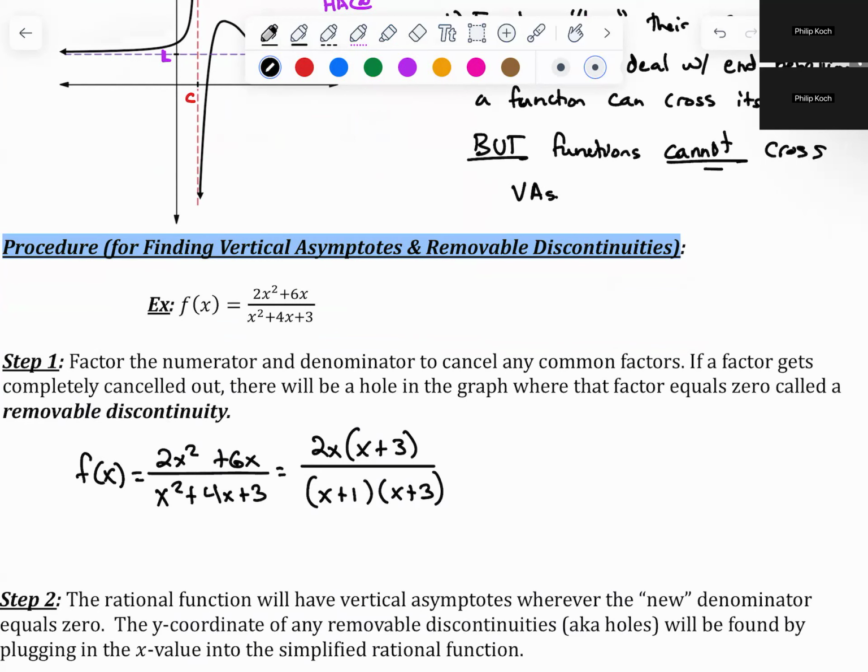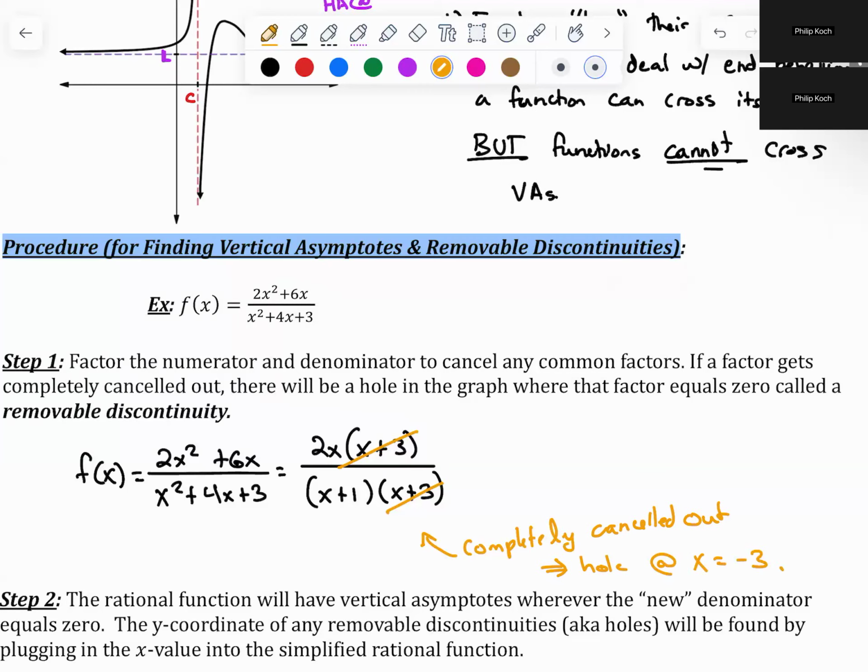And so what we'll see here is that x plus 3 will get completely canceled out, which implies there's a hole at x equals -3.